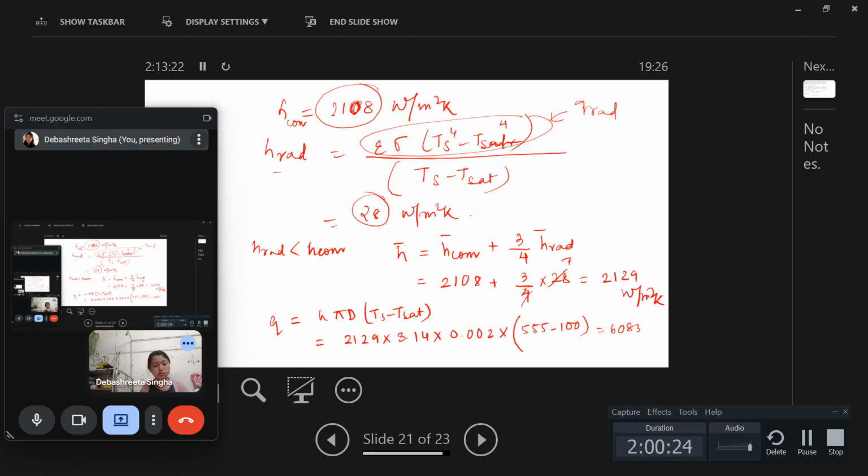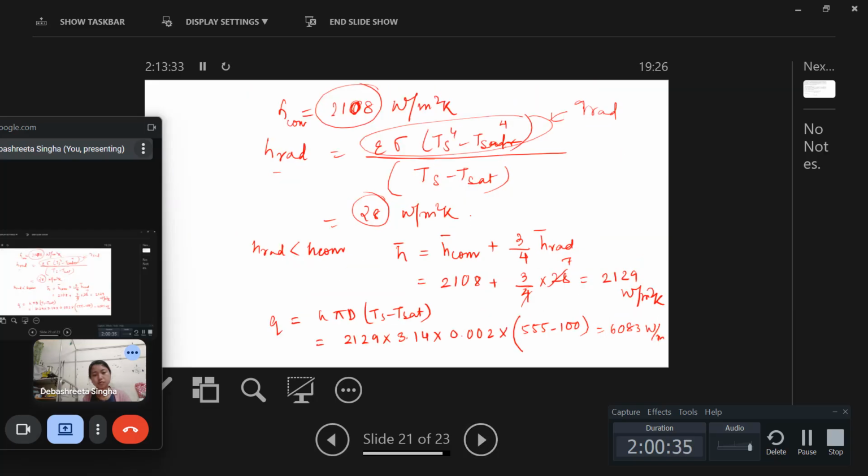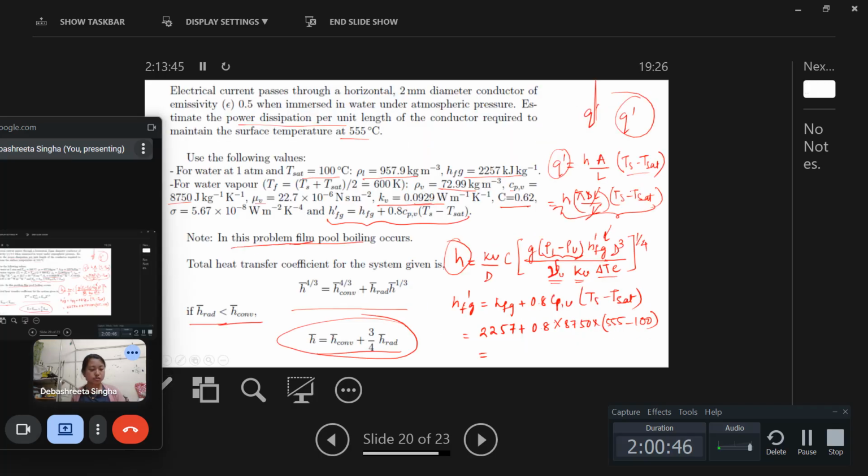So it is 6083 watt per meter. You can also say this is 6.08 kilowatt per meter. So this is the answer for this question. You just need to substitute the values here and know what correlation to use when.